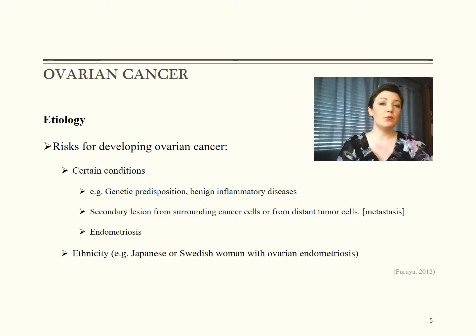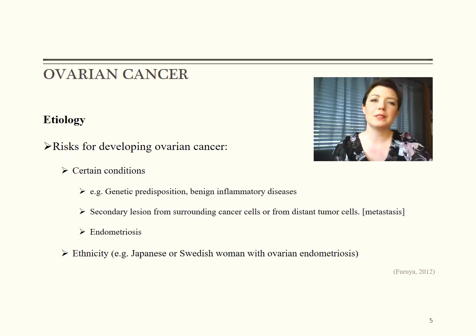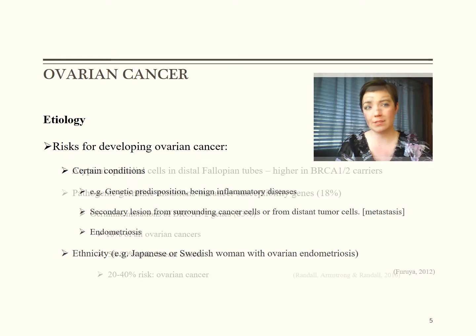Statistics have shown that some women of certain ethnicity, especially Japanese and Swedish women who have ovarian endometriosis, do have a slightly higher risk of developing these malignant lesions.